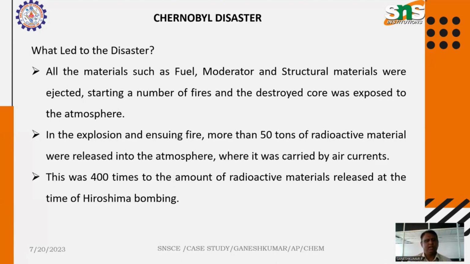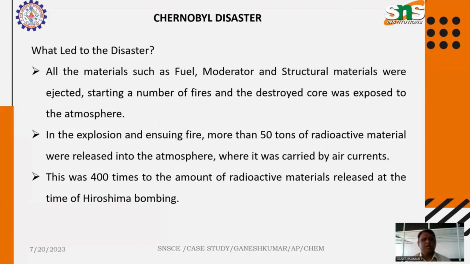Usually when any pollution happens, it will not only affect the core place; it can be carried by water, along the direction of the wind, or taken by humans, and spread in many ways. In the same way, radioactive material was carried by the air currents, and this was 400 times the amount of radioactive material released at the time of the Hiroshima bombing.